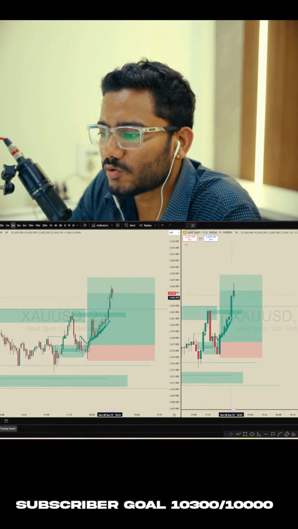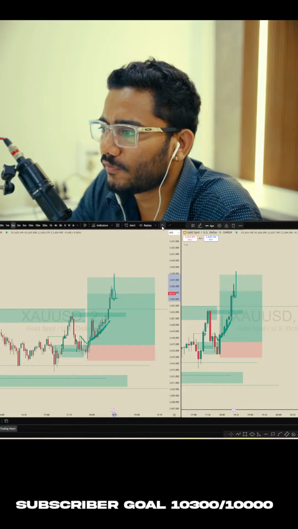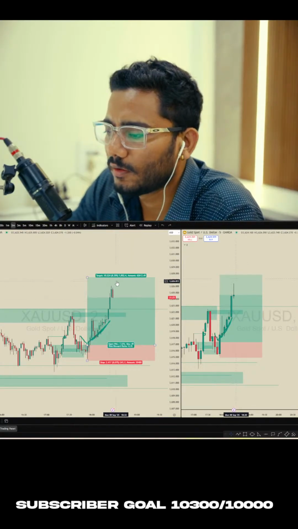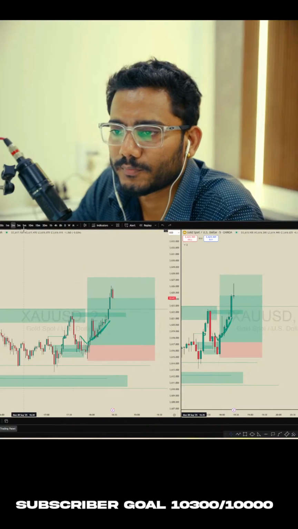We want price to sweep this previous candle, and then it should break and give us an engulfing. Then we can place our stop loss below this, and then we can trail and catch this move to the upside.